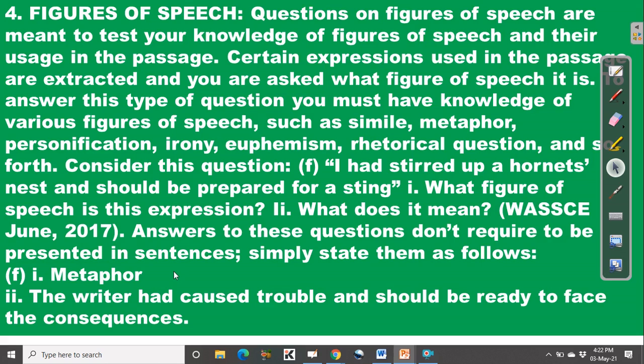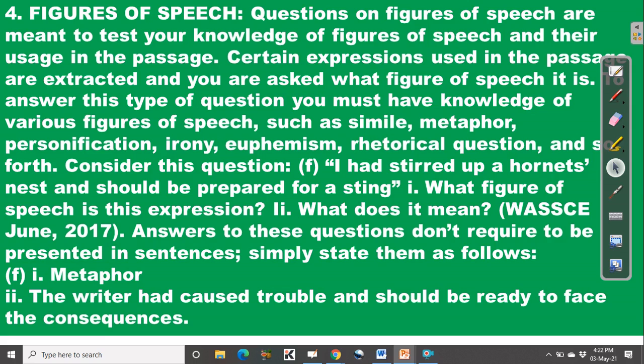The meaning is that the writer had caused trouble and will be ready to face the consequences. How do we know? By looking at the image created with the words used here. You have to understand what a hornet's nest means. Some insects resemble wasps, W-A-S-P.